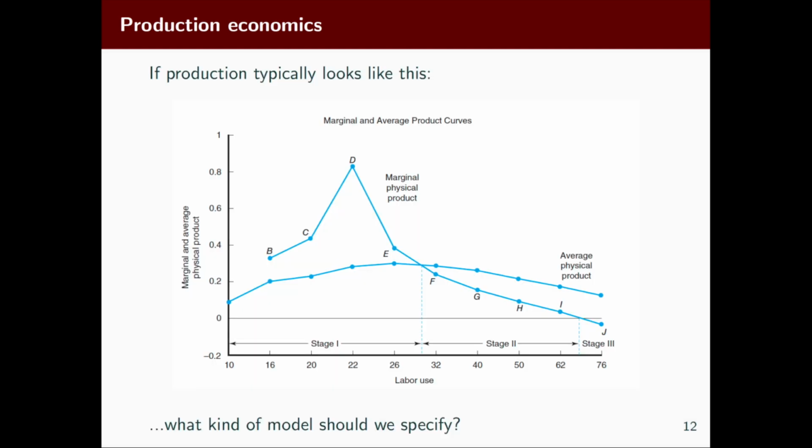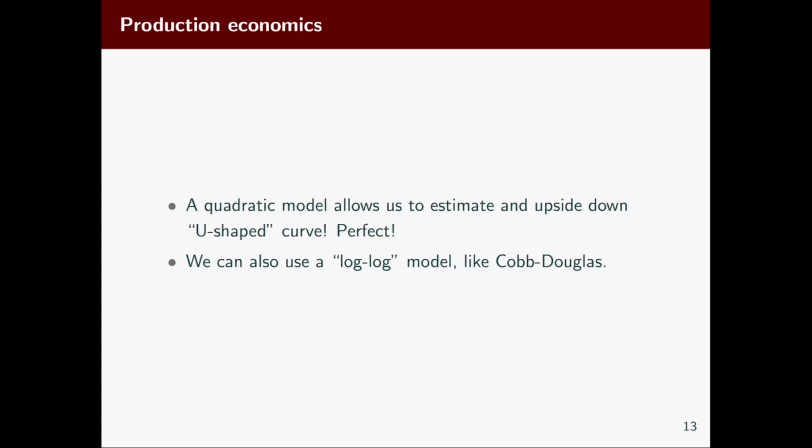Again, here are the curves we talked about earlier, MPP and APP. At this point, you should say, okay, these curves look kind of like upside down U's. So if we have data on production, what kind of model should we specify? If we want to see an upside down U curve, there's one clear winner, and that's a quadratic model.